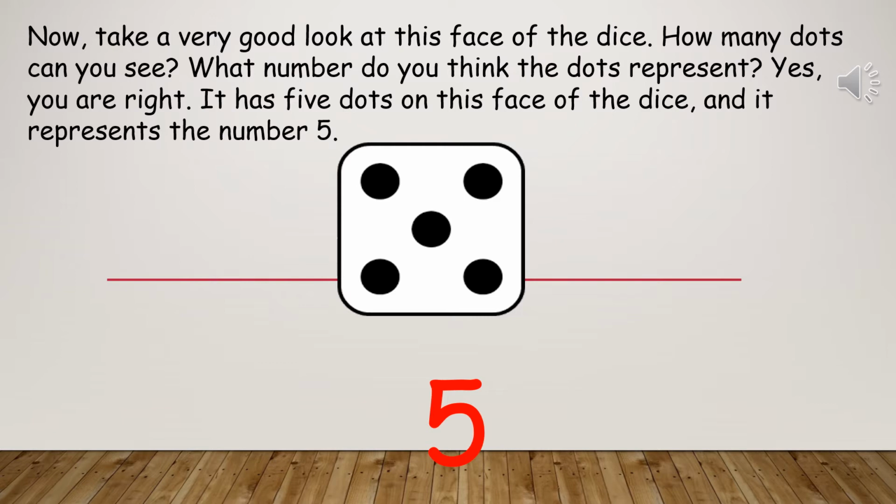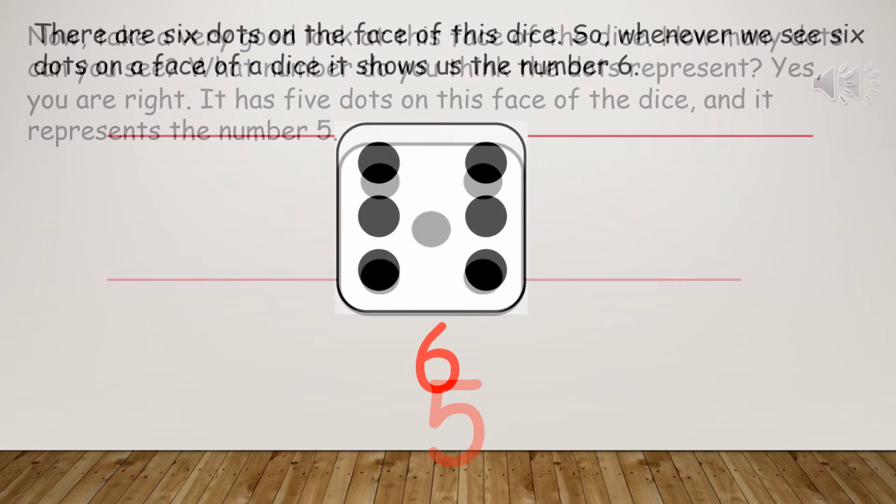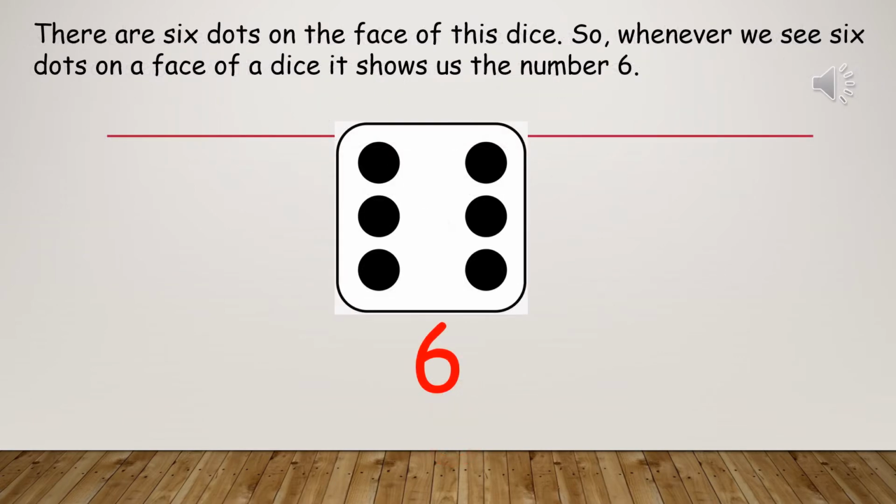It has 5 dots on this face of the dice and it represents the number 5. There are 6 dots on the face of this dice. So, whenever we see 6 dots on a face of a dice, it shows us the number 6.